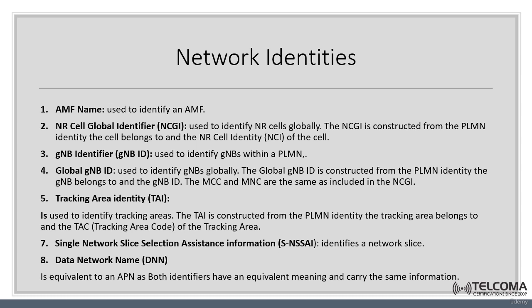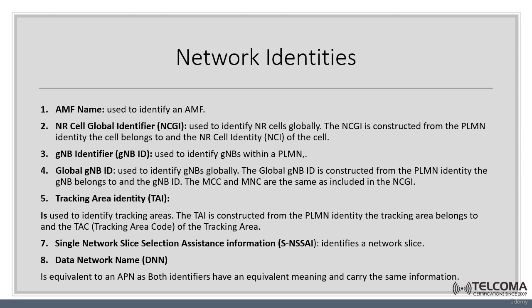And the second one is the network slice selection assistance information without the S, without the single. And this identifier is a collection of the single NSSAIs, and up to 8 are allowed, and the requested NSSAI can be sent in the signaling message between the user equipment and the network.